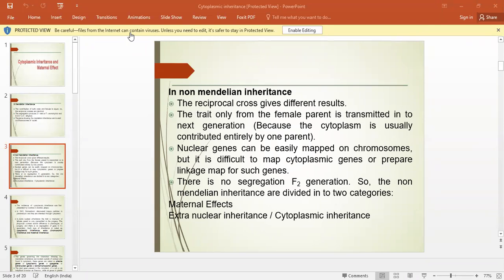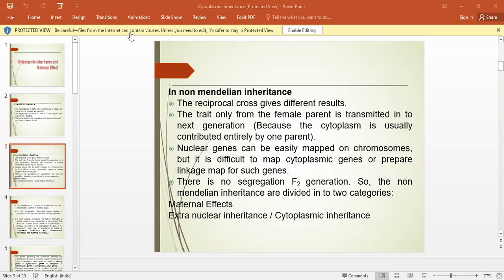The fourth and last rule is that extranuclear inheritance is not affected by substituting the nucleus with a different genotype. Extranuclear means something present outside the nucleus, whereas your chromosomes or DNA are present in the nucleus.